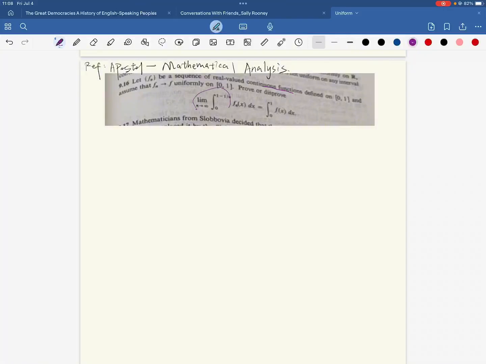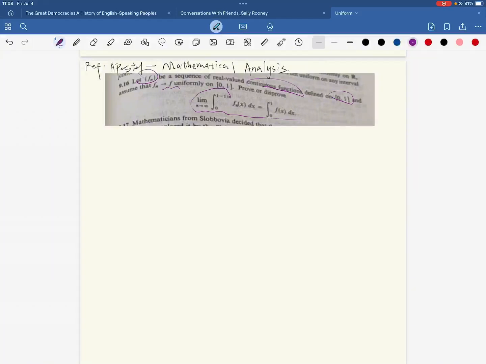When we see that, maybe we don't know how to handle it, but when we write it down step by step, we can see two important properties. One is that Fn is a continuous function defined on this compact interval, and the second is that it's uniformly convergent to f on this compact interval.